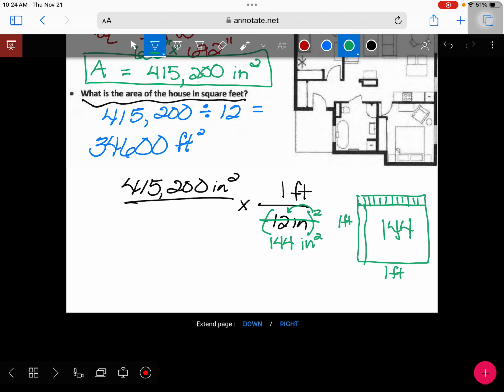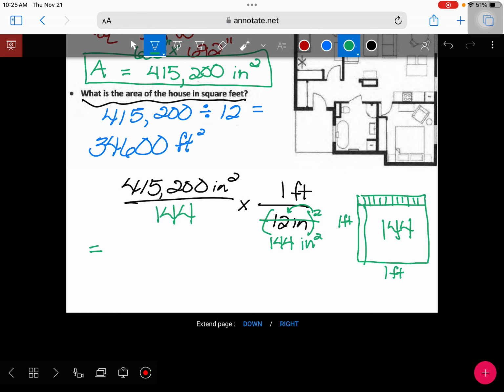So now I need to take this number, 415,200, and divide it by 144, which is going to give me what? If you're dividing by a larger number, is my number going to be smaller or larger?